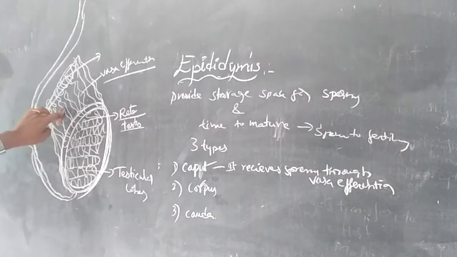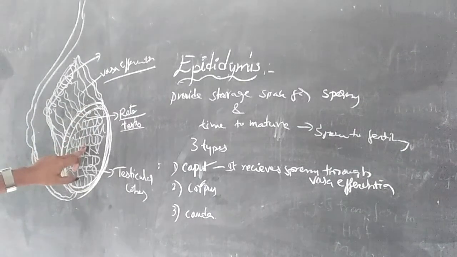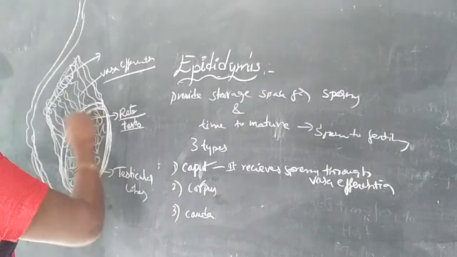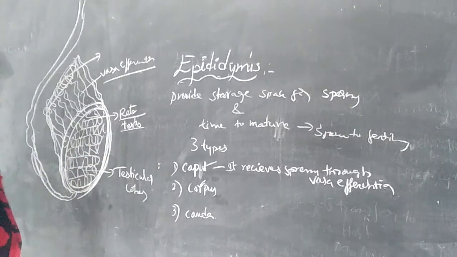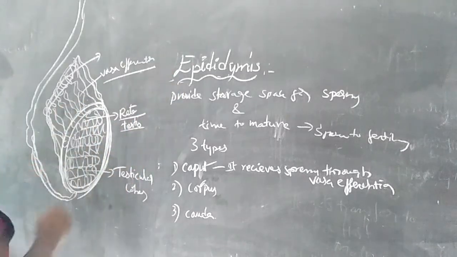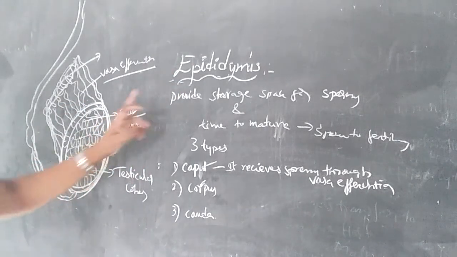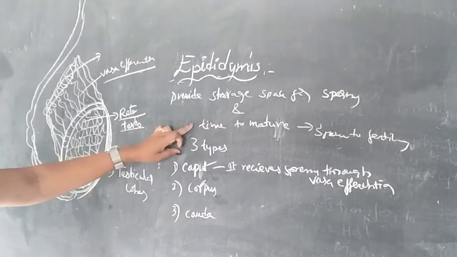The vasa efferentia leave the testis and open into a narrow, tightly coiled structure, the epididymis. The epididymis provides a storage space for the sperms and time to mature.